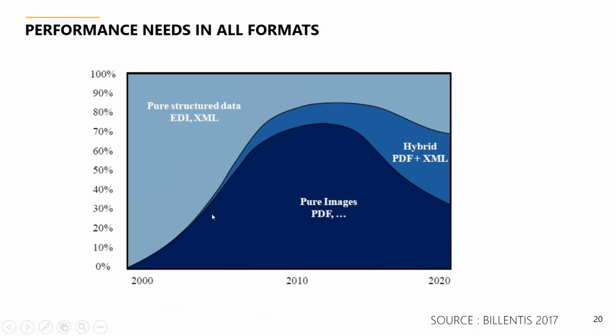So what we're seeing here is that way back in 2000, down on the bottom left-hand side of the screen, EDI really wasn't doing very much. But over time, it's taken off, and that's been done because it's a very structured format that you get with it.